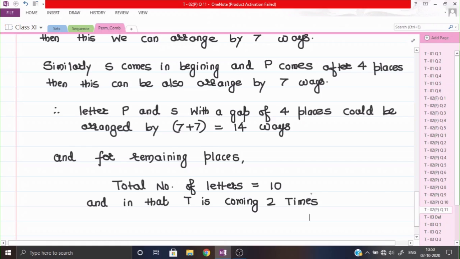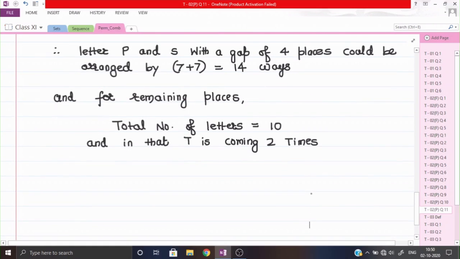So we can say that therefore the total number of words of this kind, where P and S keep 4 letters between them, is equal to factorial 10 upon factorial 2, multiplied by 14.